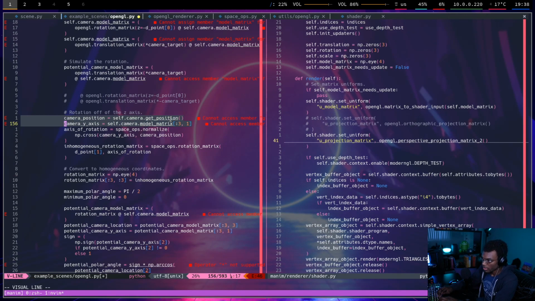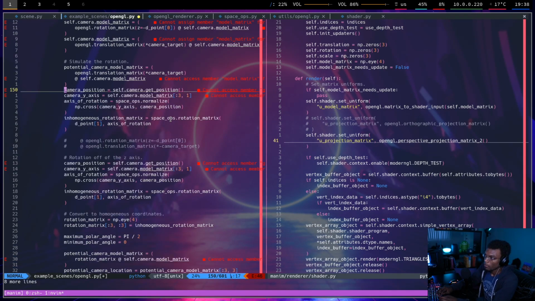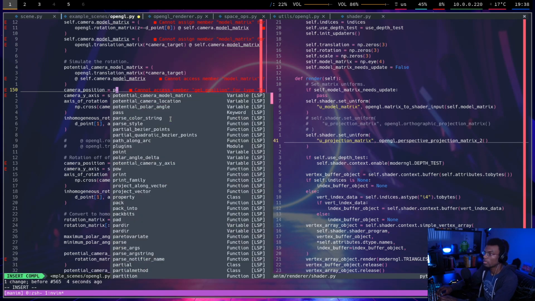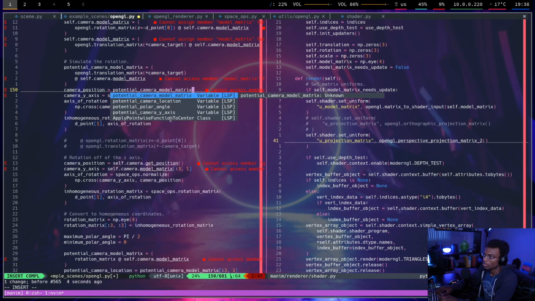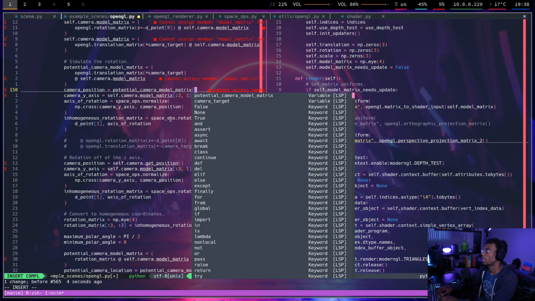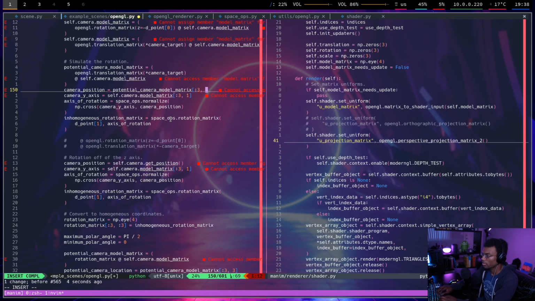So here would be the position, axis, axis of rotation, this. So this would be the potential. I'll just call it camera position. But I can't use the camera to get the position. I'll have to get the position from the potential matrix. This will be potential camera model matrix at all of the first 3 rows and column 2.